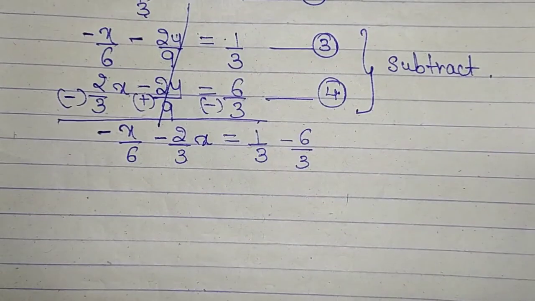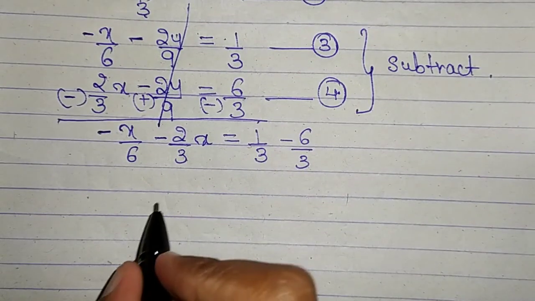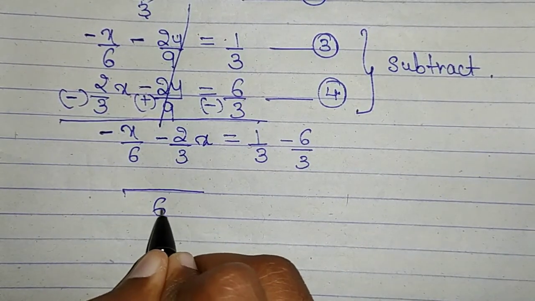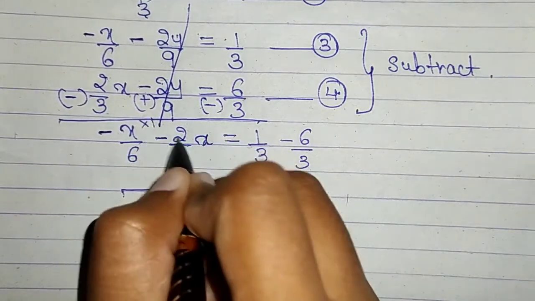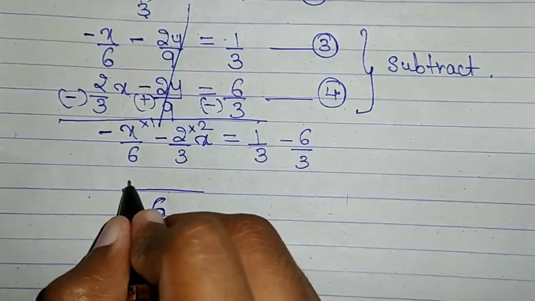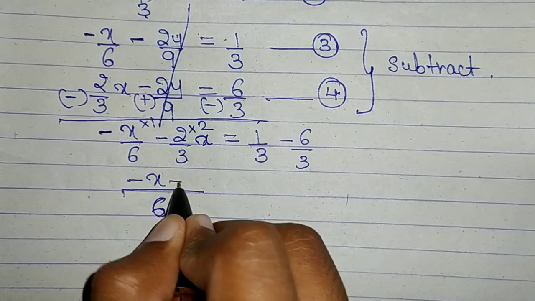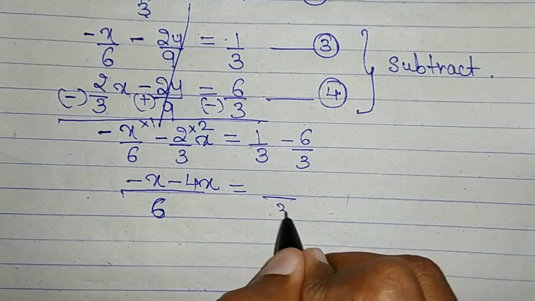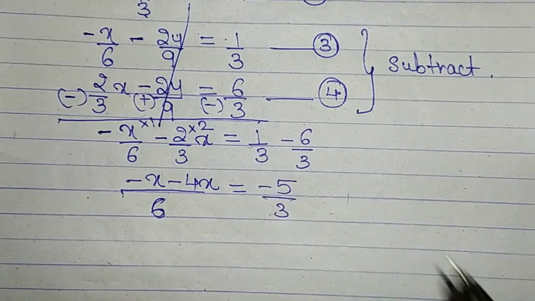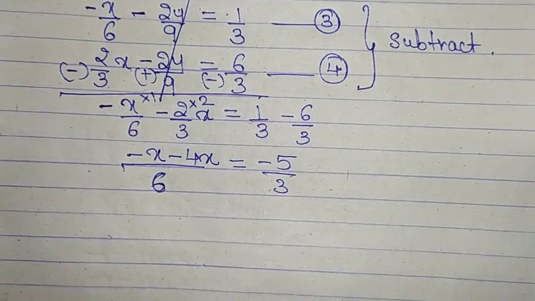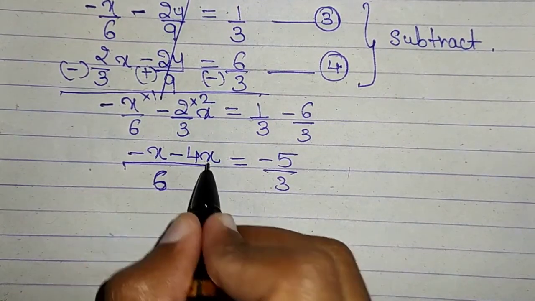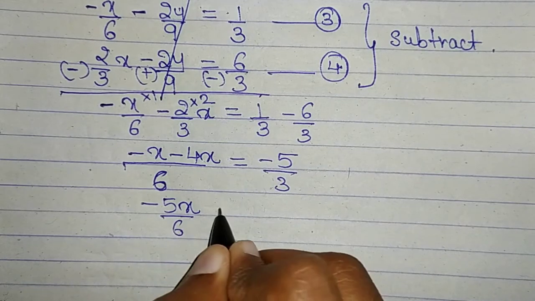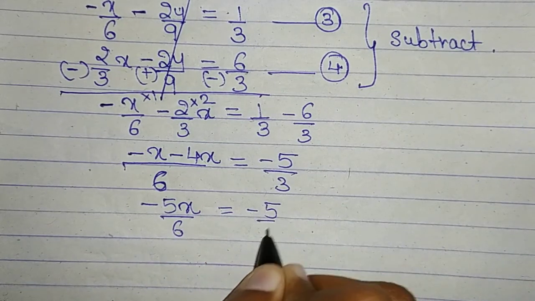We'll get an equation of this form. So now finding the LCM, LCM is 6. We'll get minus x minus 4x is equal to, since the denominators are the same, minus 3, 1 minus 6 is minus 5, minus 5 by 3. So minus x minus 4x, minus 5x by 6 is equal to minus 5 by 3.